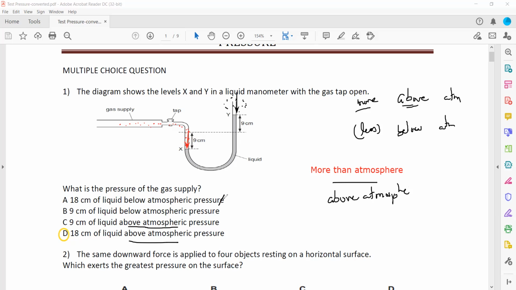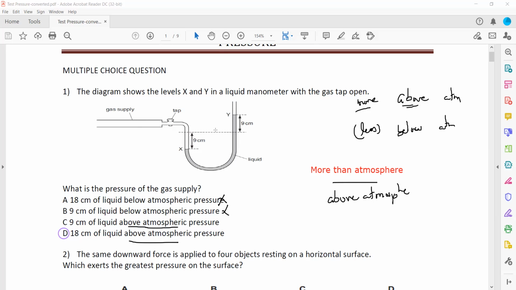It cannot be A or B because A and B show that the gas pressure is less than atmosphere. Now what about how much difference is there? The difference in the gas pressure and the atmospheric pressure is the difference in the level of the liquid.